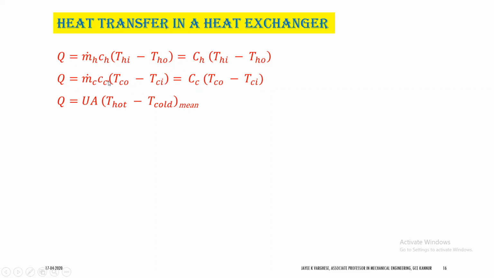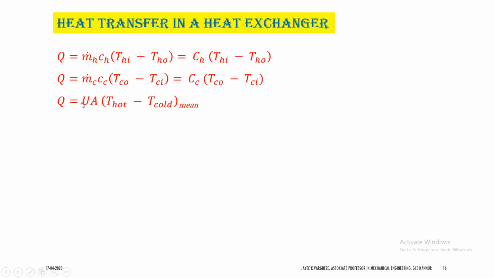So m dot c cc, we will write capital C suffix c. This is the heat capacity rate of the cold fluid, into TCO minus TCI. So heat transfer can also be written as CC into TCO minus TCI.